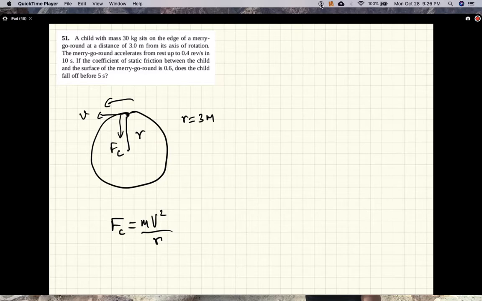and we'll say the maximum centripetal force is provided by the maximum static friction force. So this is the maximum speed the child can go at before the child will slip off, because the centripetal force is being provided by the static friction force. And Fs max, we know, is mu s times the normal force.